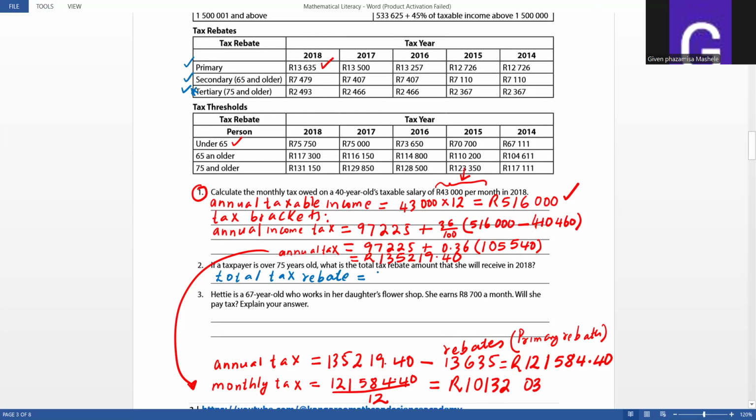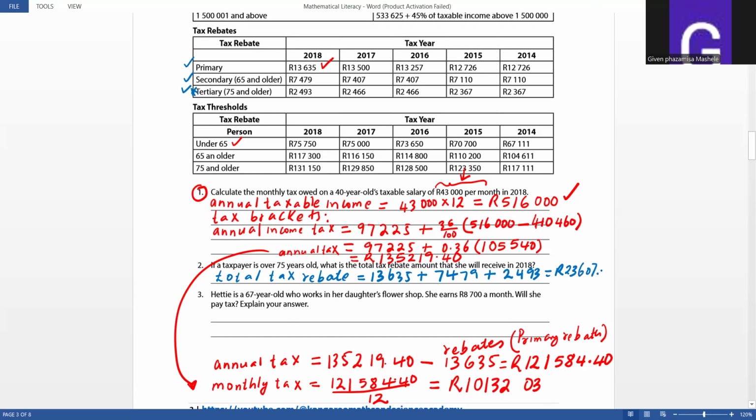So it will be 13,635 plus 7,479 plus 2,493. So all in all, 13,635 plus 7,479 plus 2,493 will give us a total of 23,607.